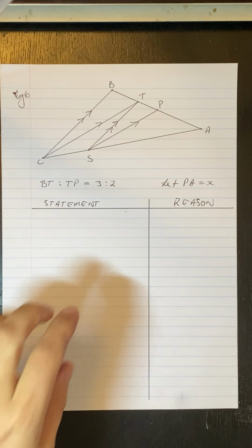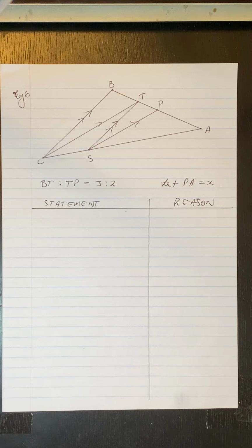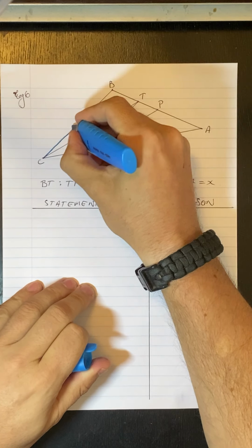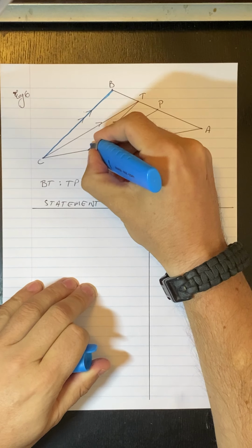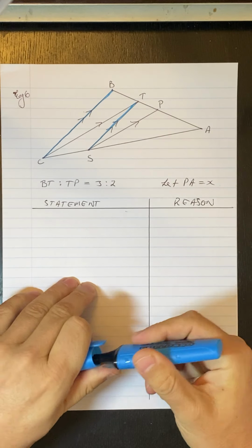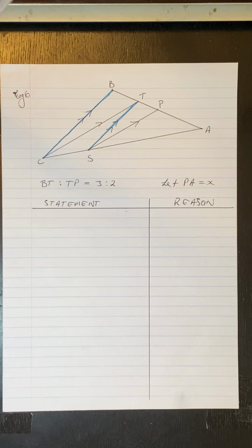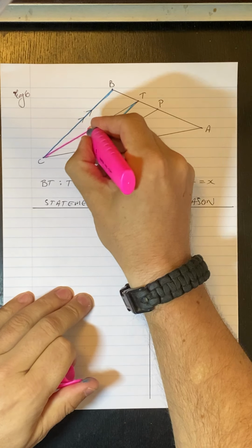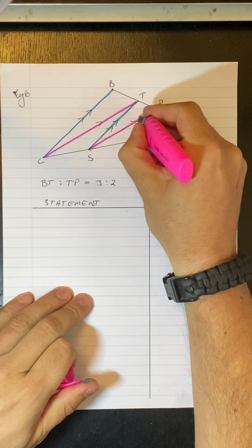Okay. So because there's a whole lot going on here, I just want to color code these lines so we can see what is going on. So that is parallel to that. And then we have that this one is parallel to this one.